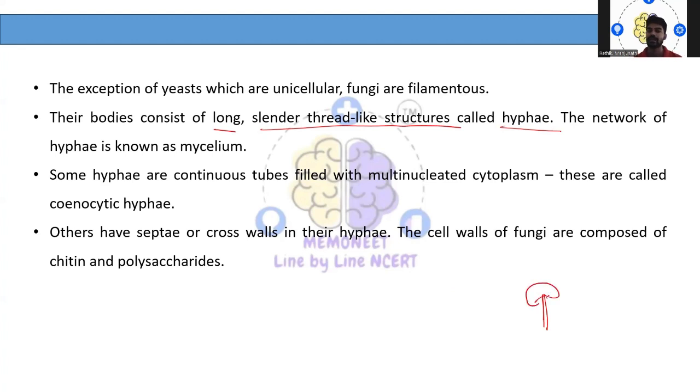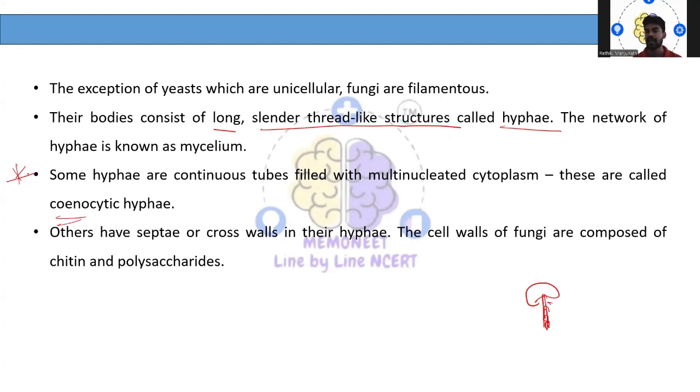The network of hyphae is called mycelium. Some hyphae are continuous tubes filled with multinucleated cytoplasm, and they are called coenocytic hyphae. This is also a very important point.